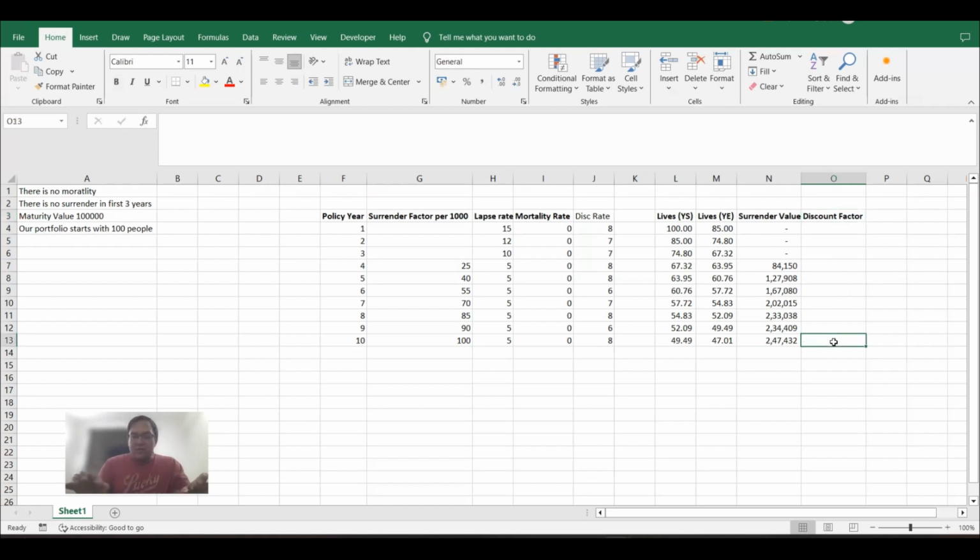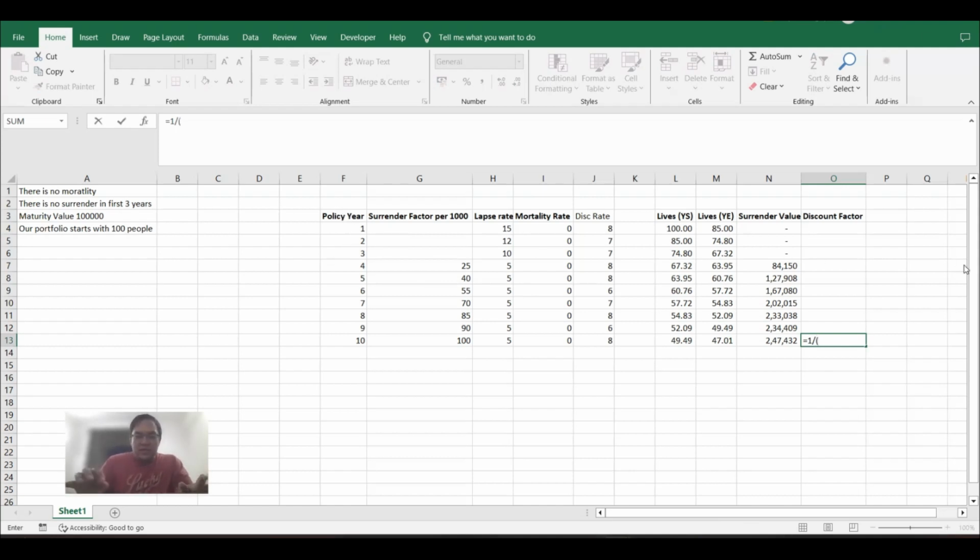Now, the discount factor. Once again, discounting will depend on when and at what point of time you are going to discount. For simplicity, I am going to think that you are calculating reserve at the start of the policy year, right? But if you are taking a particular date, then this discounting will change depending on how much discounting is going to happen. We are making a simplified assumption that the reserve is calculated at the start of the policy year, right?